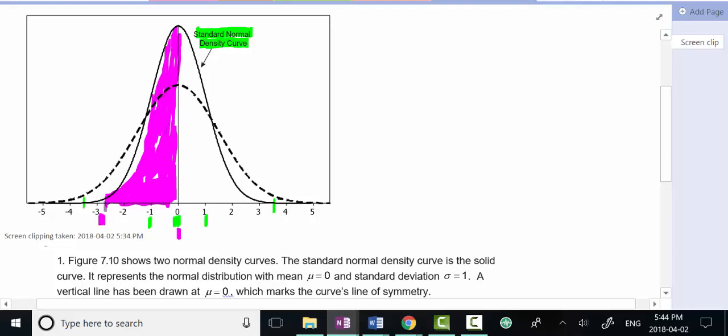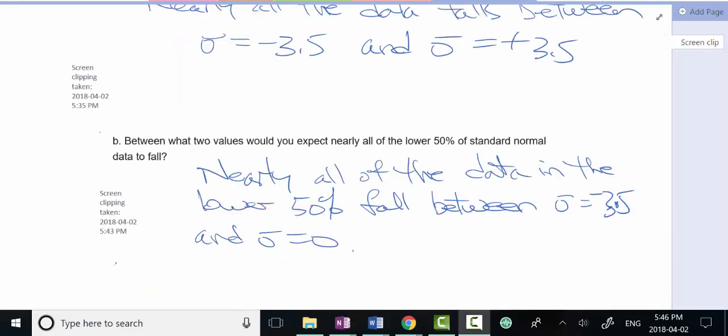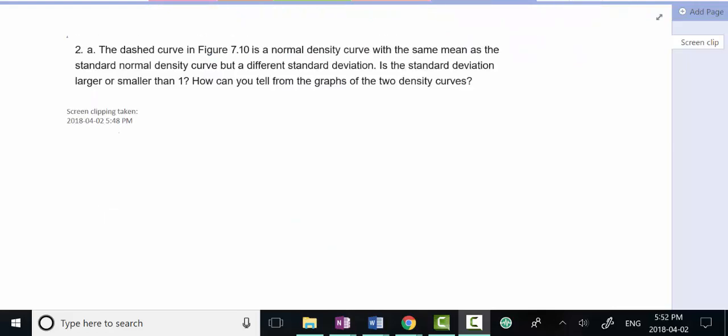That's the shaded portion of the curve. So nearly all of the data in the lower 50% for the standard curve falls between standard deviation -3.5 and standard deviation 0.